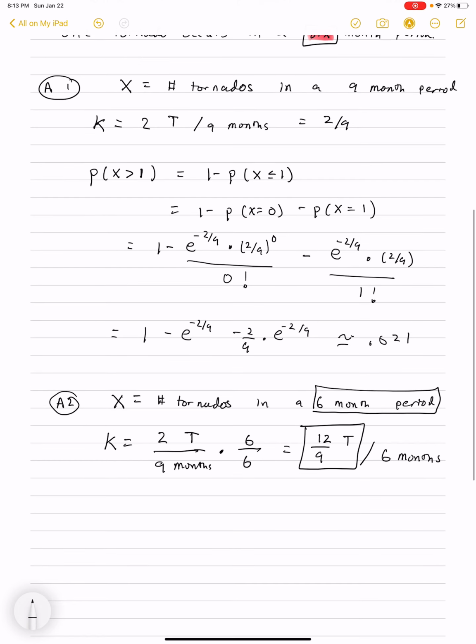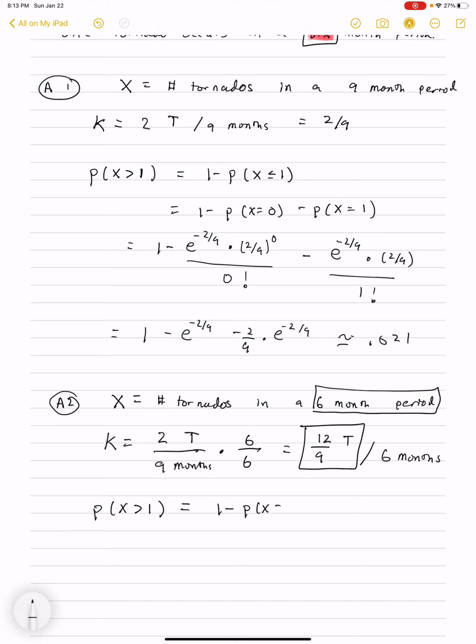Okay. So if I want to calculate this probability that x is bigger than 1, we'll go through the same steps, and we'll use the complement rule, calculate 1 minus probability x is 0 and 1 minus probability x is 1. And we will use the formula, because we know that this is Poisson, we'll use that formula in the box right there, but we'll use a different value of k.